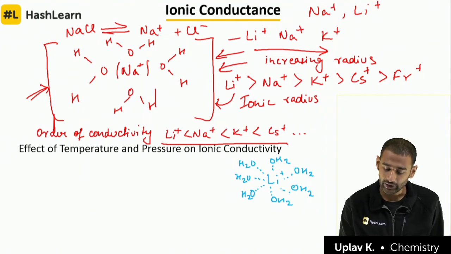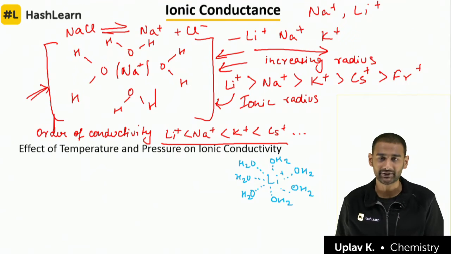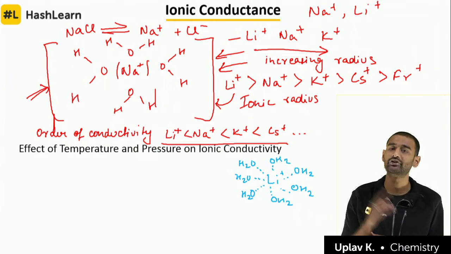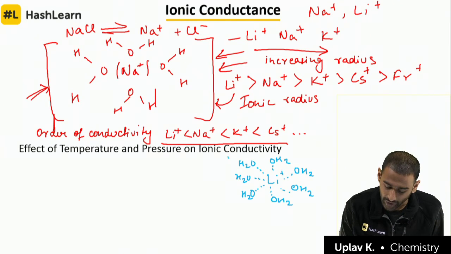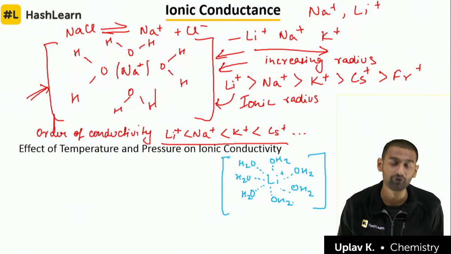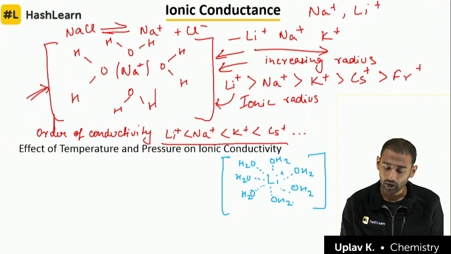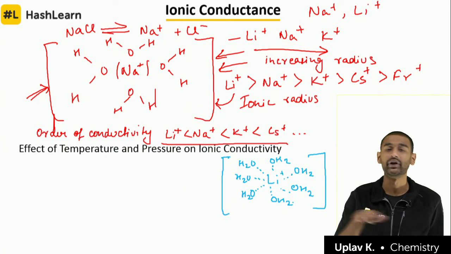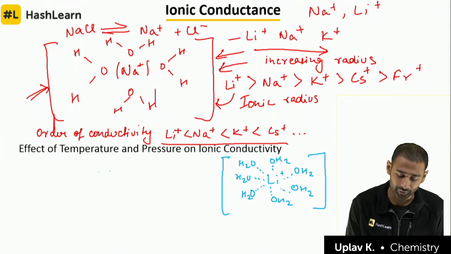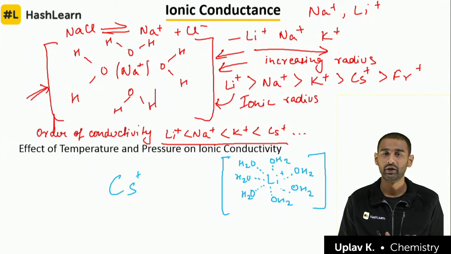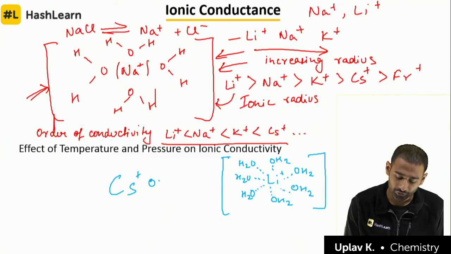So if I want the Li plus to act as a conductor, the ion should move from the negative plate to the positive plate, or sorry, from the positive to the negative plate. So in that case, this entire thing has to move. Now because Li plus has a very high charge density, a lot of OH2 molecules will surround it. Compared to this, if I am talking about cesium, its size will be a bit bigger, fine. But in this case, the charge density is lesser. Because the charge density is lesser, fewer molecules will surround it.